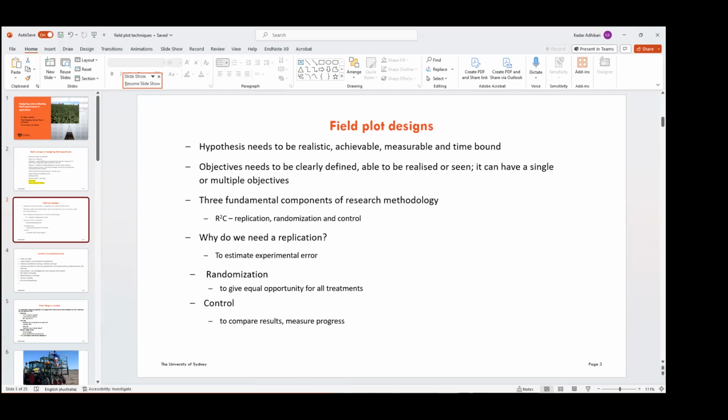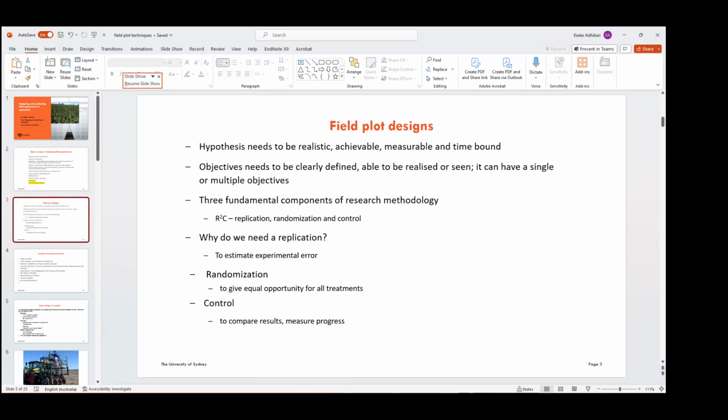And the same thing is randomization. If you don't randomize your treatments, then you'll be biased. The other thing is control. Why do you need control? Because you want to compare your results to measure progress.